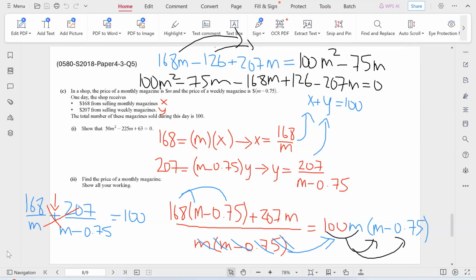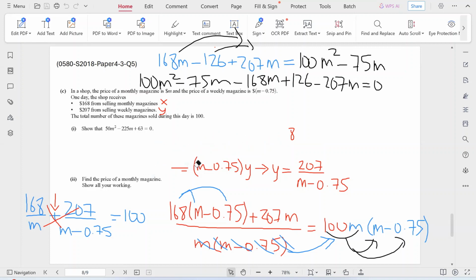Finally, we need to collect the like terms. I will start erasing part of the initial work just to give ourselves some space. So now we need to collect the like terms. We have 100 m squared. This is a unique term.